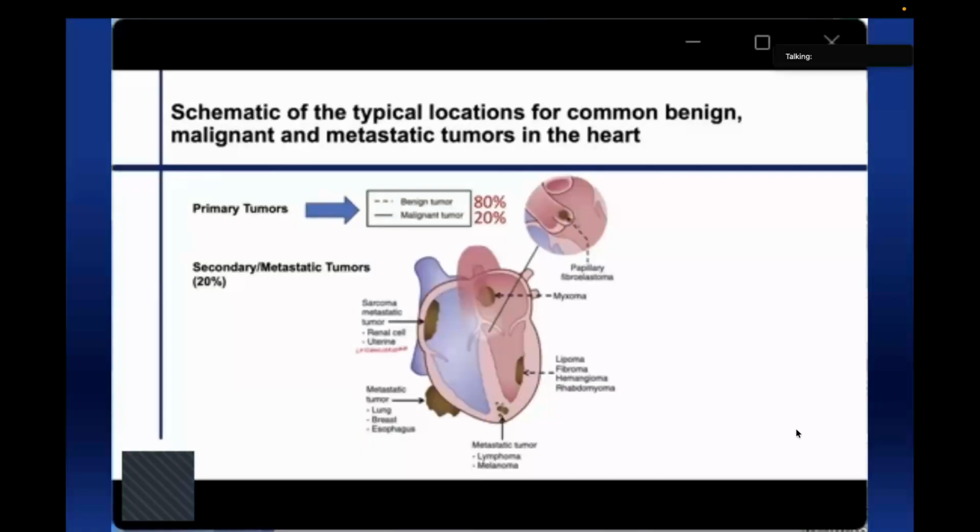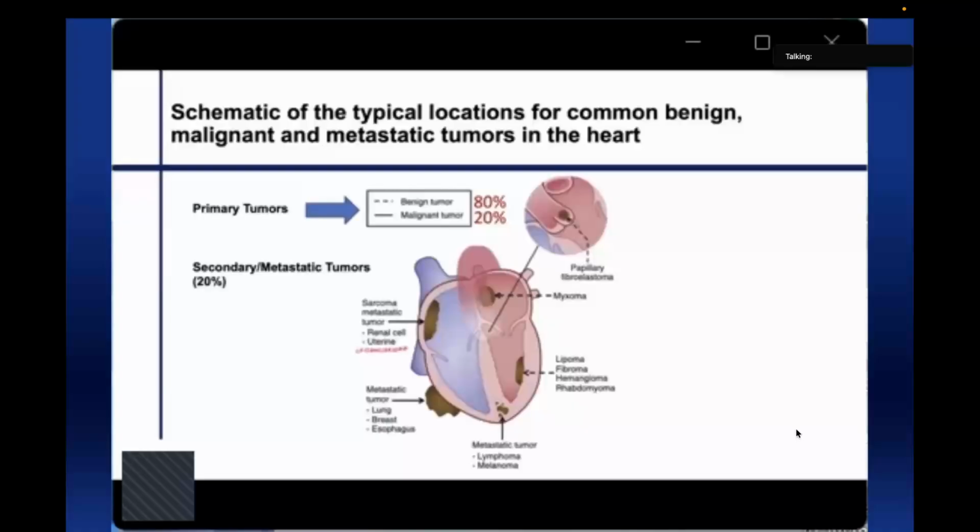So as you can see here, the different metastatic tumors come from the different organ systems. The location of the tumor can give you an idea what type of cancer you are dealing with. If you have lymphoma and melanoma, you can have it at the apical portion of your heart.